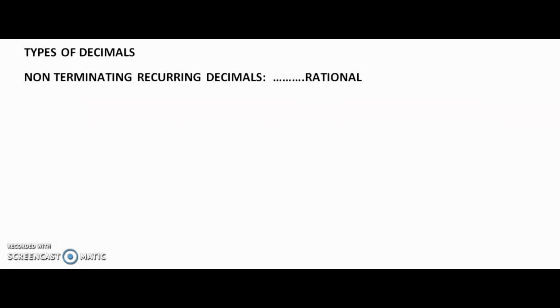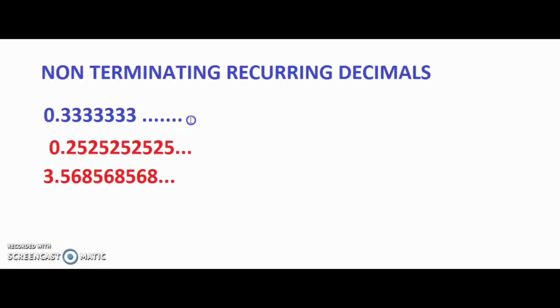Now our main topic is non-terminating recurring decimals. As they are rational numbers, we can convert them into the form of a fraction. Let's consider a few examples on the screen. The first example is 0.333.